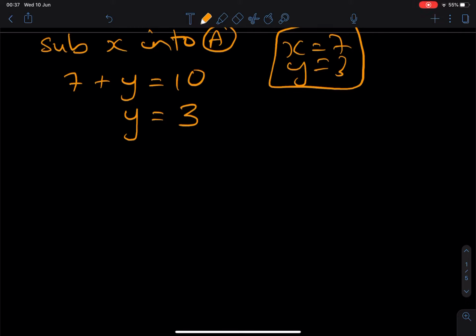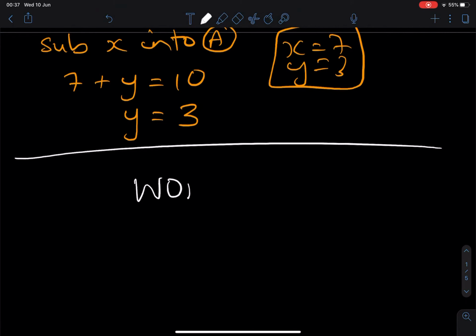And because it's the same product, let's say it's a shop environment in the same shop, those two products will be the same price. So essentially, because I've got two products in the same shop that will have the exact same price, I can apply a simultaneous equation to solve it. So let's do that by putting a new heading, worded question.